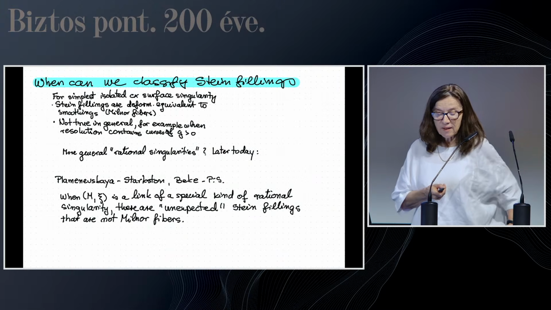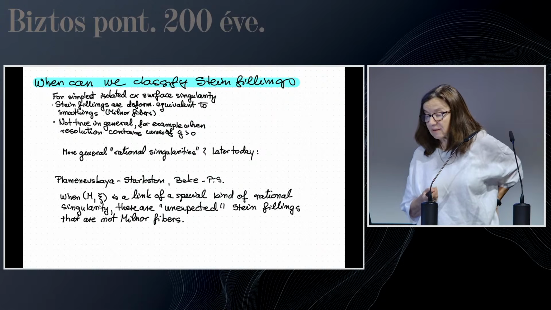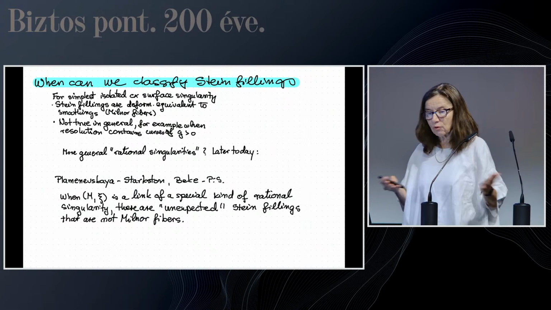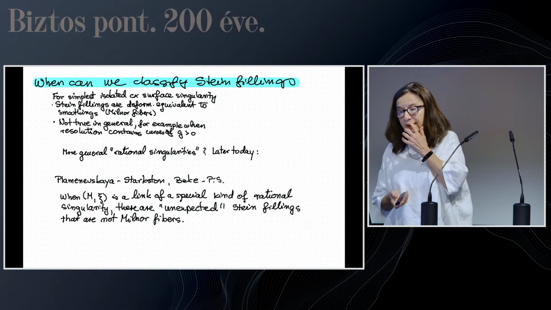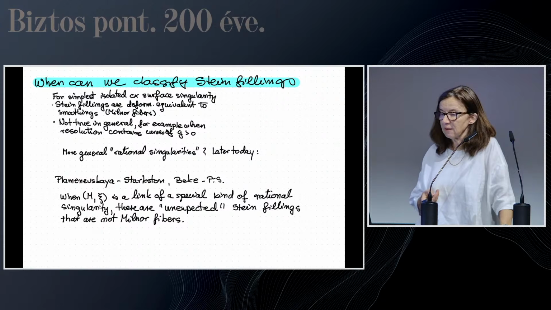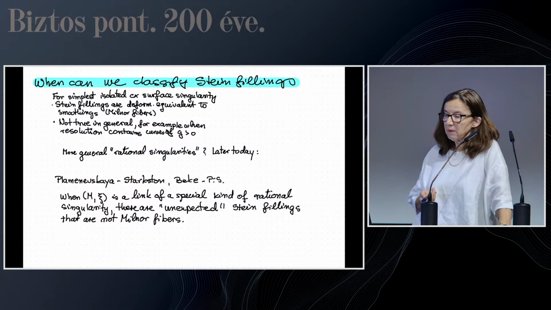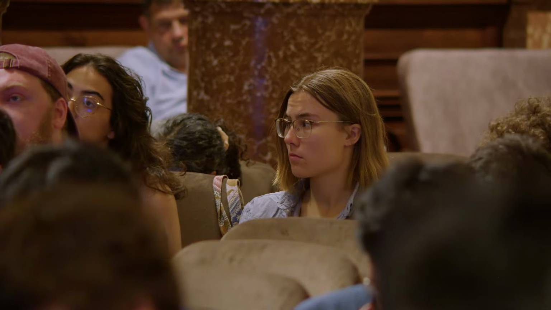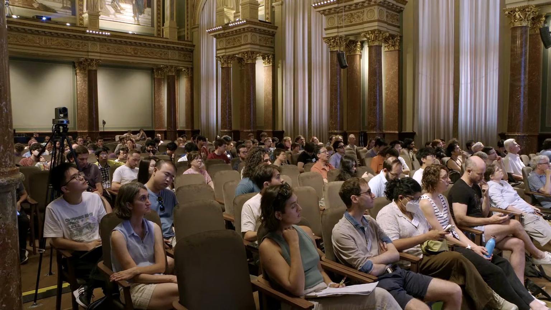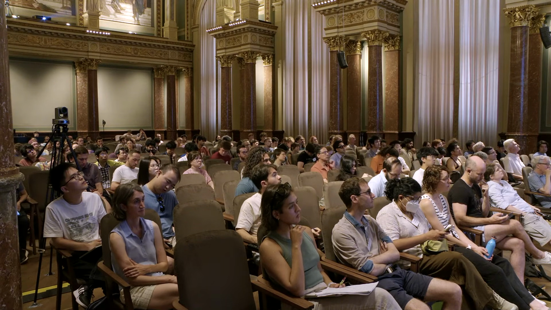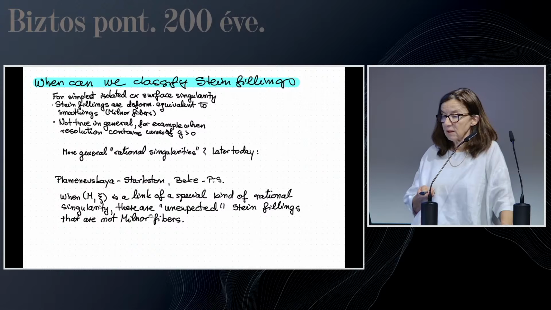So one question one can ask is, there are Stein fillings and non-Stein fillings, how do you construct one from the other? And the other question one can ask is, can we classify Stein fillings? For the simplest isolated complex surface singularities, the Stein fillings are deformation equivalent to smoothings, Milnor fibers, and there's a classification.